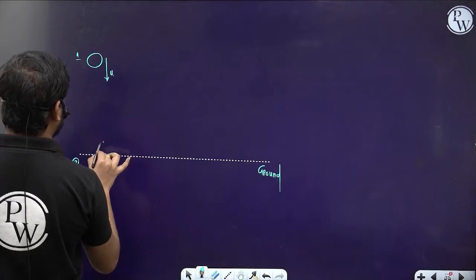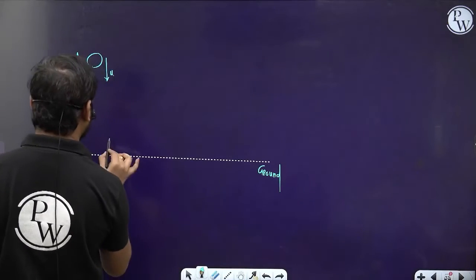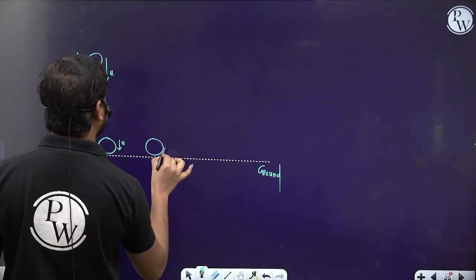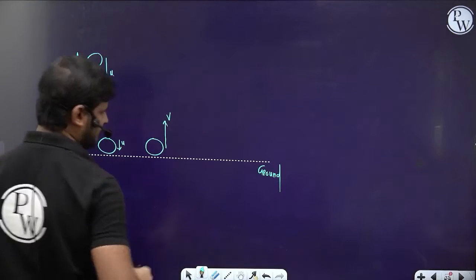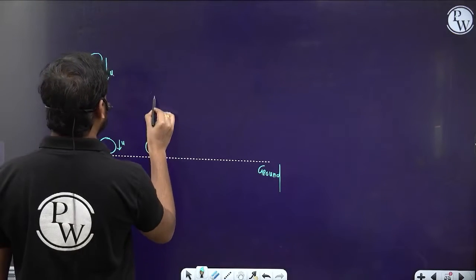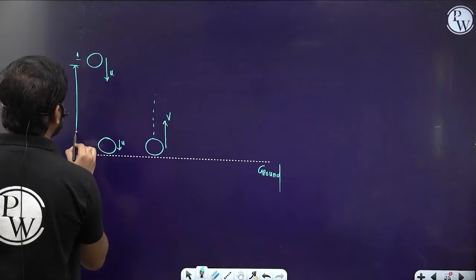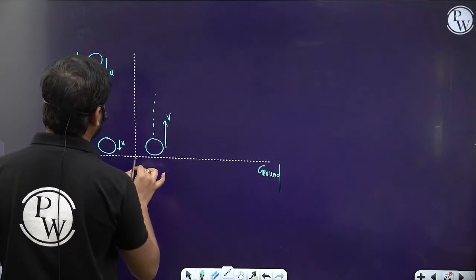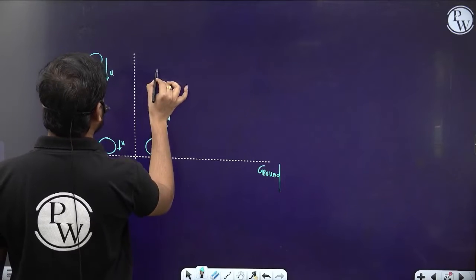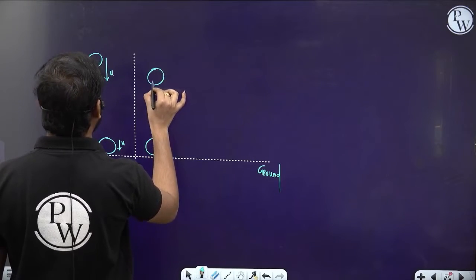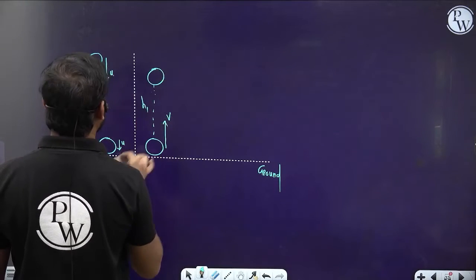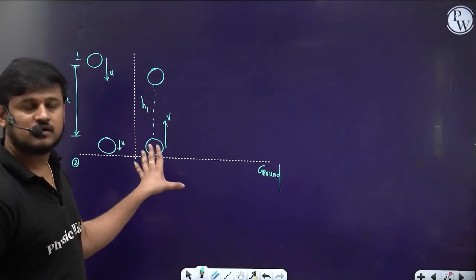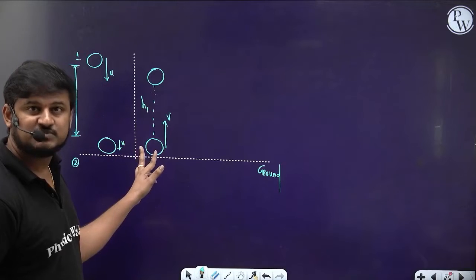Now the ball hits the ground with some velocity u, and then it bounces back with some velocity v. Let's suppose its original height is h. After collision, it rises to some height h1, because some energy loss takes place in this collision.